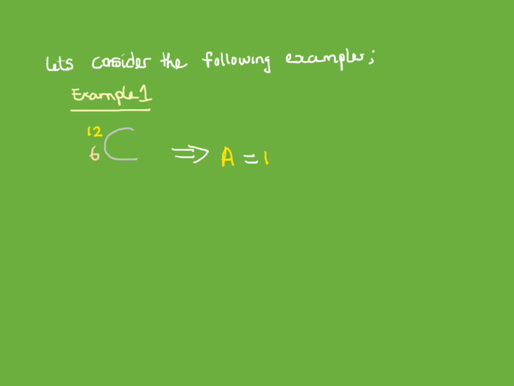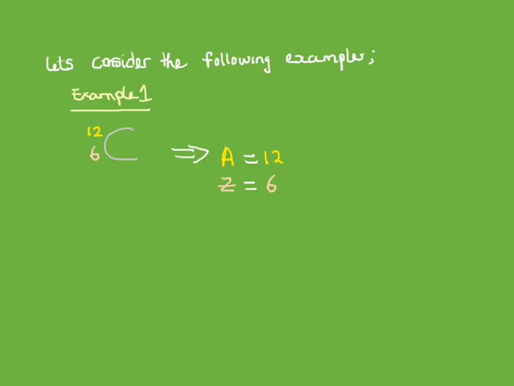Let's consider the following examples. Example 1. We have an element carbon with symbol C, superscript 12, underscript 6. The mass number denoted as A is equal to 12.